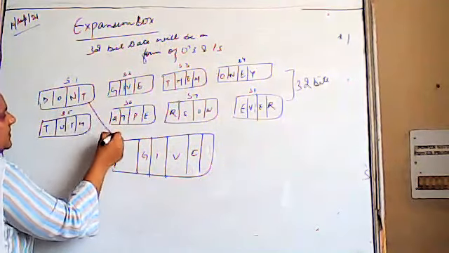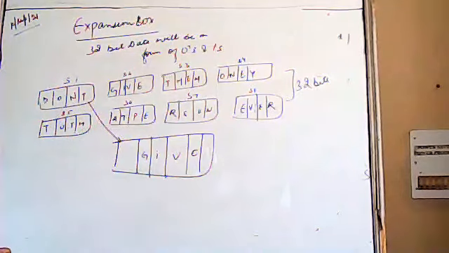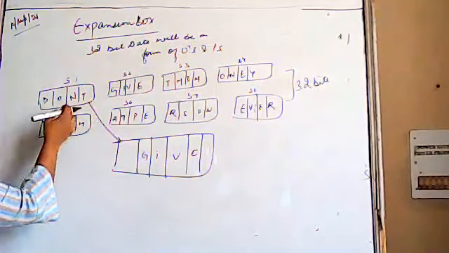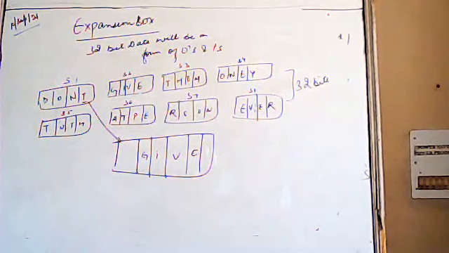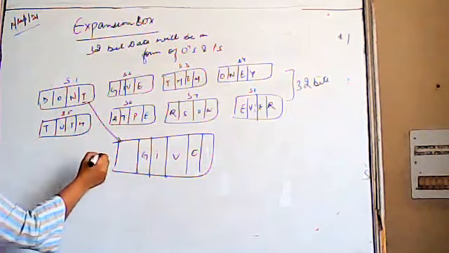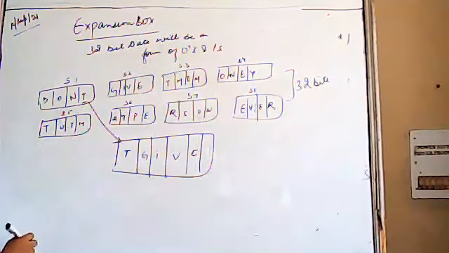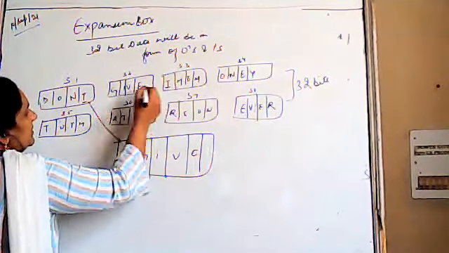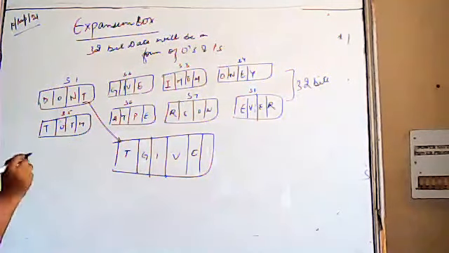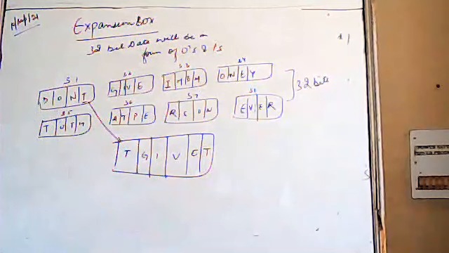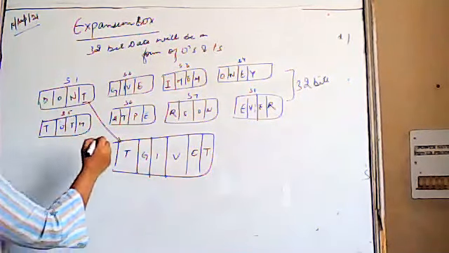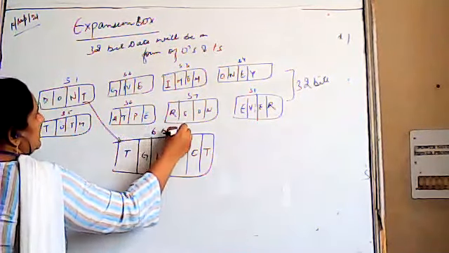Take the last alphabet from S1, which is T. Similarly, take the first alphabet from box S3, which is T. So this becomes TGIVET. This is expanded to 6 bits.